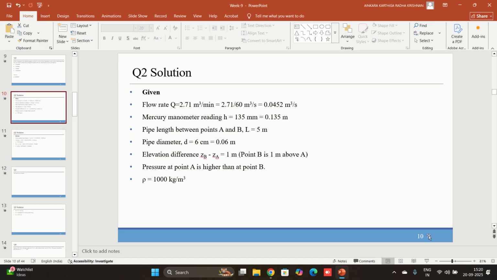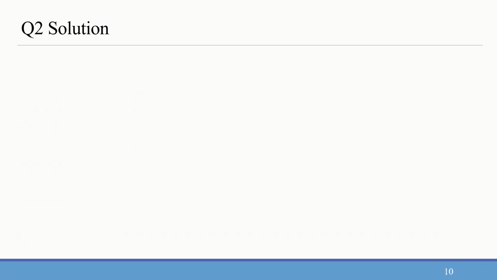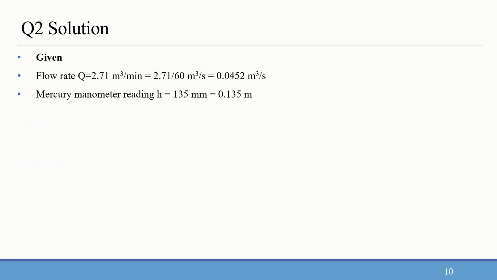Basically f is given by 64 by Re and Re is given by rho V d by mu. For rho we know it is water, and mu also we know under the same condition that it is water. Now we are left with V and D. V is velocity which we can get from the flow rate, and D is the pipe diameter.